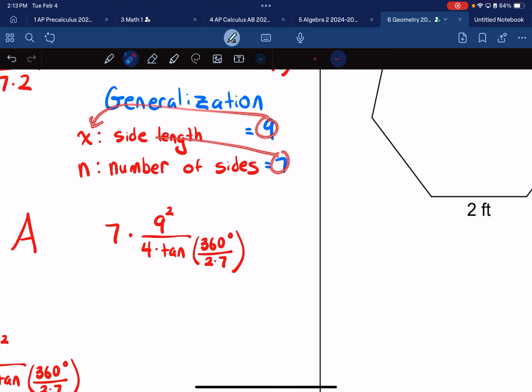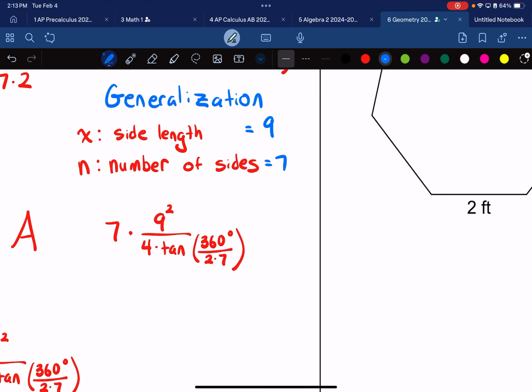All the 7s we're going to change into an n. So our generalization is going to look like this. 7 is going to switch to an n. And then this 9 down here is going to switch to an x. And I'm seeing another 7 down here, which I can switch out to an n. And now I have a generalization.